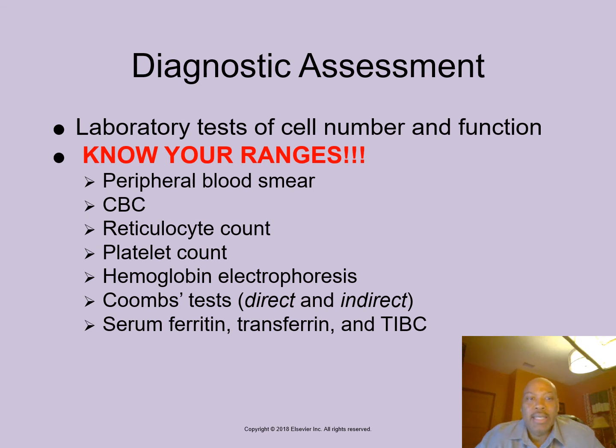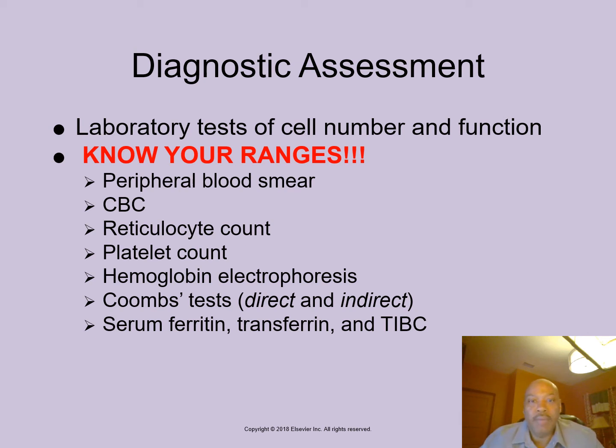So let's go ahead and get into the diagnostic tools that we have in order to determine what kind of condition your patients are in as far as their hematologic system. We're looking at things such as a CBC, INR, PT, PTT, those types of tests that we will discuss.